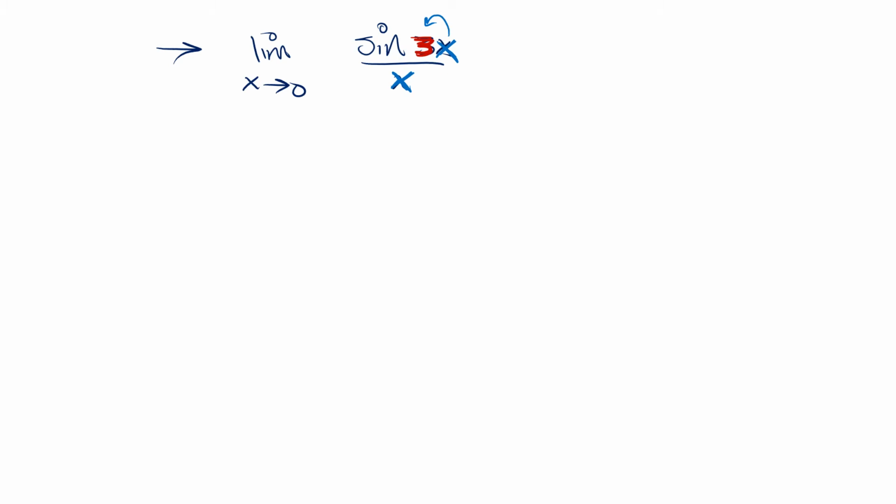So you will multiply and divide by 3 in order to balance the equation. You will write 3 in the denominator, and since you are dividing, you have to multiply by 3 outside. Now limit x approaches 0 of sine 3x over 3x is equal to 1. So the answer is 3.